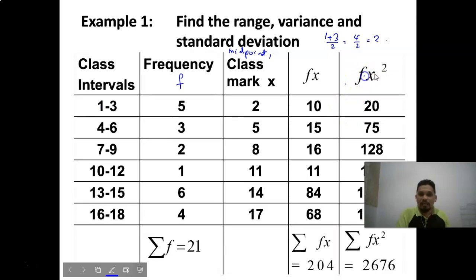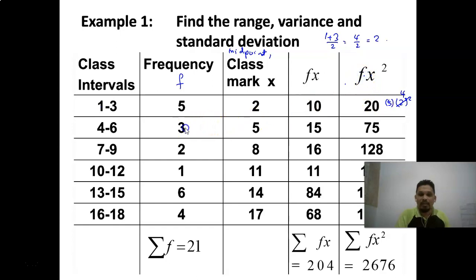F multiplied with x squared. X equals 2, so 2 squared multiplied with f, which is 5. So 2 squared equals 4, 4 times 5 equals 20.